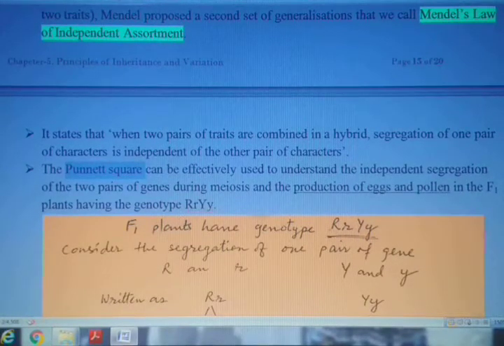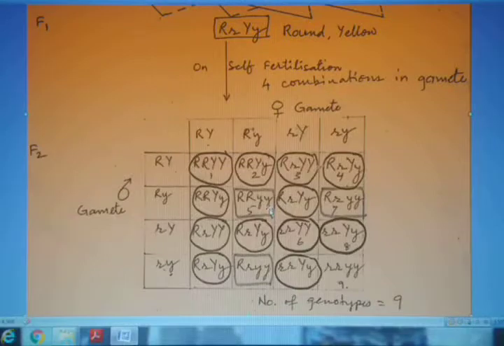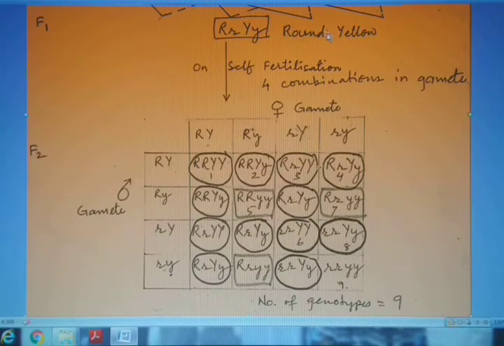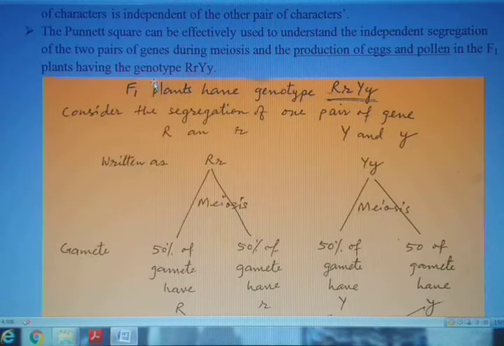And when these F1 plants, which were round and yellow, which had round seed and yellow color seed, were self-fertilized, the ratio that we have discussed, 9:3:3:1 was obtained. But here we are going to note down the genotype, that is the genes which are present in their gametes, the male and the female gamete both here.